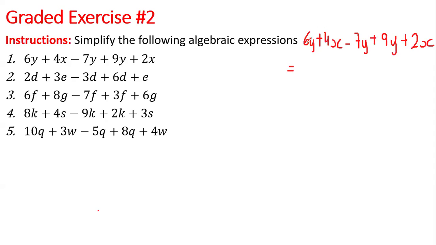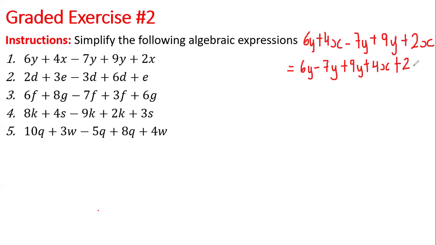So it's going to be 6Y minus 7Y plus 9Y plus 4X plus 2X. Good.